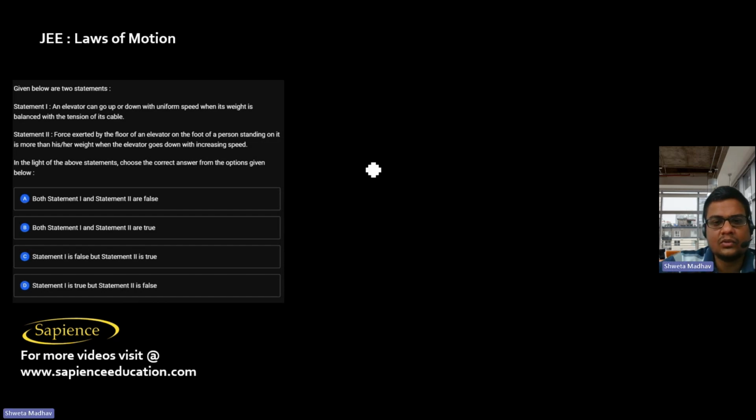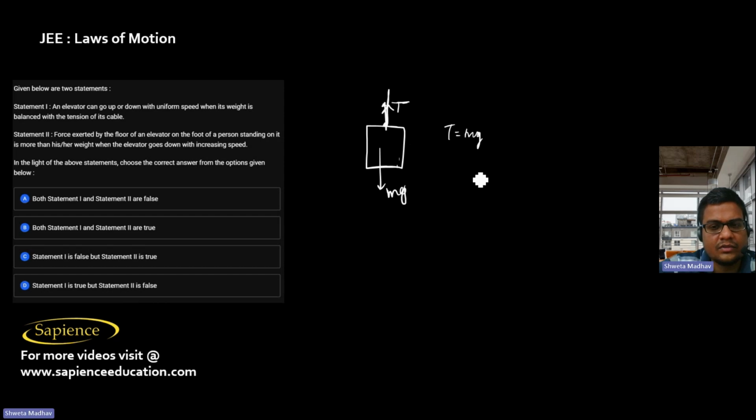That will be true, since if an elevator goes up, then the rope has a tension T, the tension in the cable, and the weight of the lift is mg. So if T equals mg, then only it will move up or down with a uniform speed, since uniform speed means that the net force acting is 0.